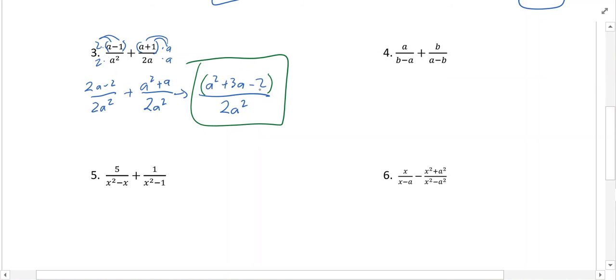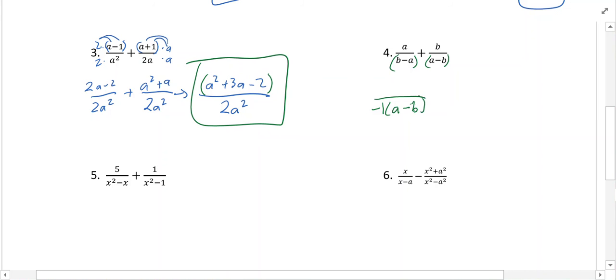All right, for our next one here, our denominators are b minus a and a minus b. So right now they look similar, but they're not, but we can make them be the same. The way I can do that is right here I have a positive b and a negative a, and this one I have a positive a and a negative b. So in this first denominator, if I factor out a negative 1, so if I divide this by a negative 1 and switch the order, it turns into a positive a and a negative b, which is what I have over here.